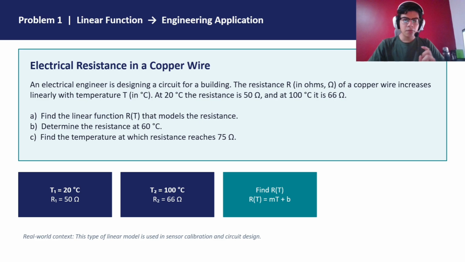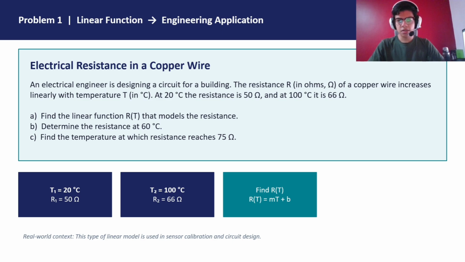Well, problem one, we have the electrical resistance in a copper wire. We need to read it to understand. So, an electrical engineer is designing a circuit for a building. The resistances are in ohms.